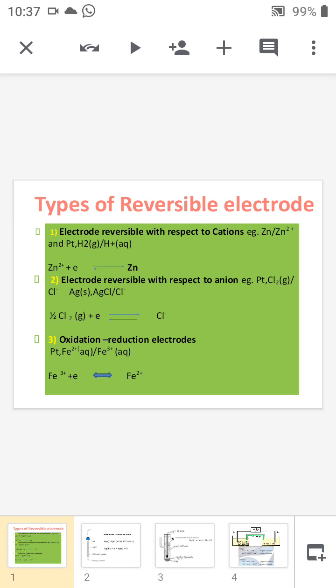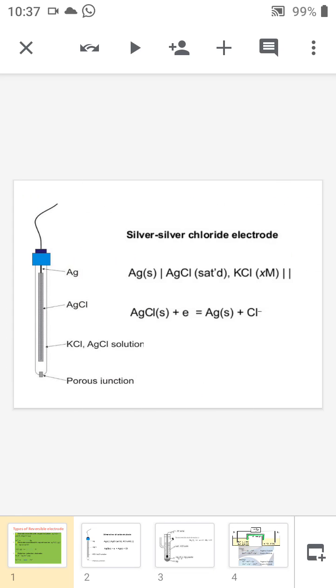So during the chemical reaction, what will happen? In the silver electrode, the chemical reaction that occurs is that AgCl accepts one electron and is converted into Ag, that is silver, plus Cl- ion. Thus we can measure the amount of the Cl- ion present in the solution.